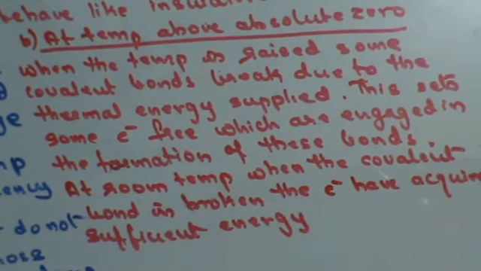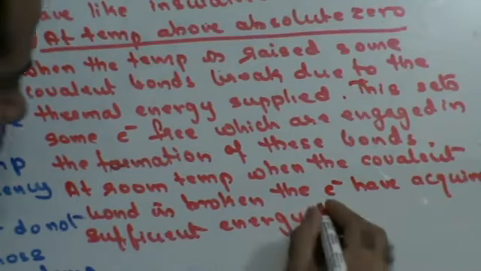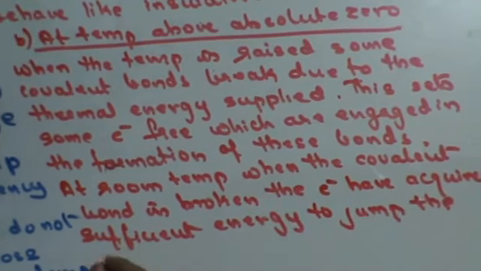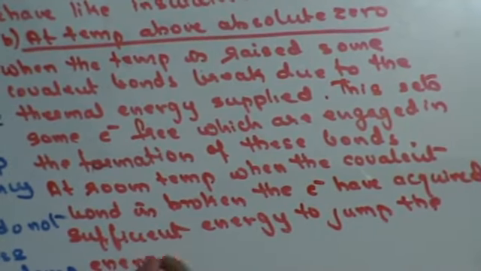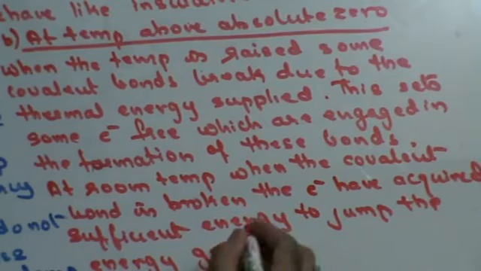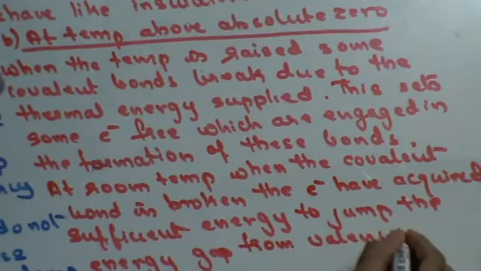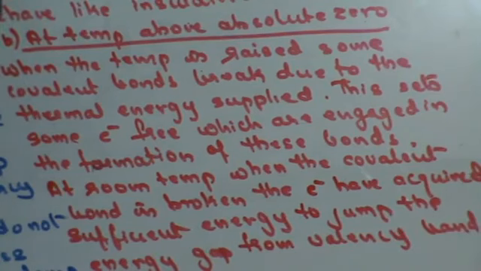The electrons have acquired sufficient energy to jump the energy gap from the valency band to the conduction band.